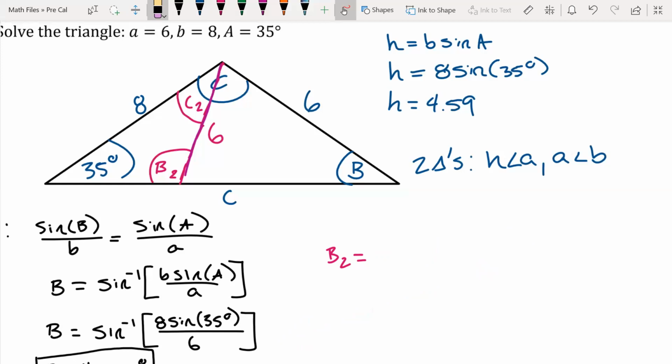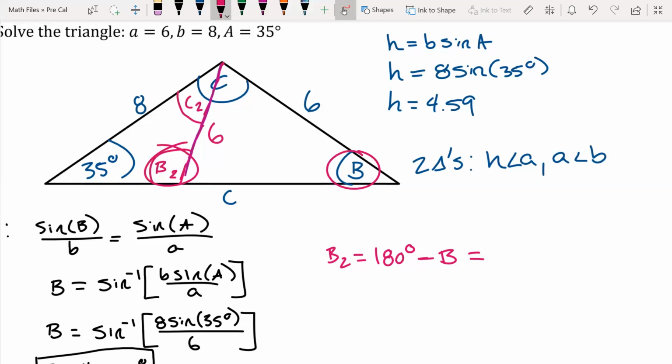So in order to find B2, since we know we have two triangles, what we have to do is take 180 degrees and subtract angle B. How exactly does that work? Is it supplementary or complementary?